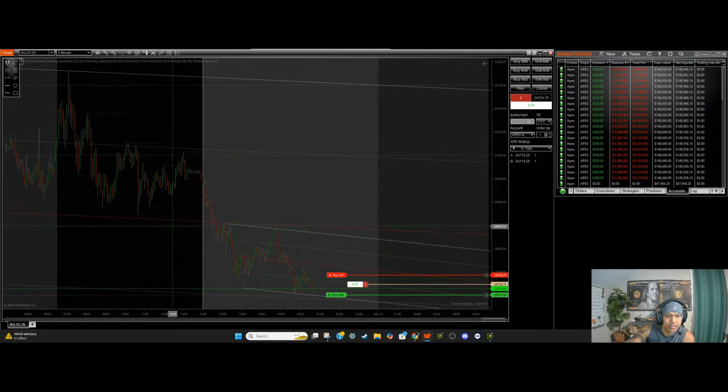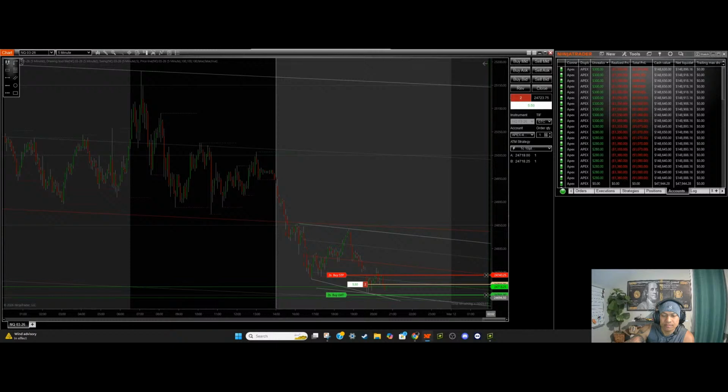That aligns with this trend. Look at that, swing low, trend line matches. We're going to get some kind of reaction at the 695 area.